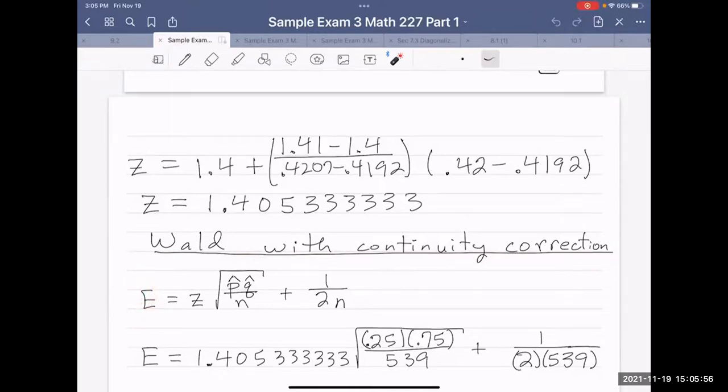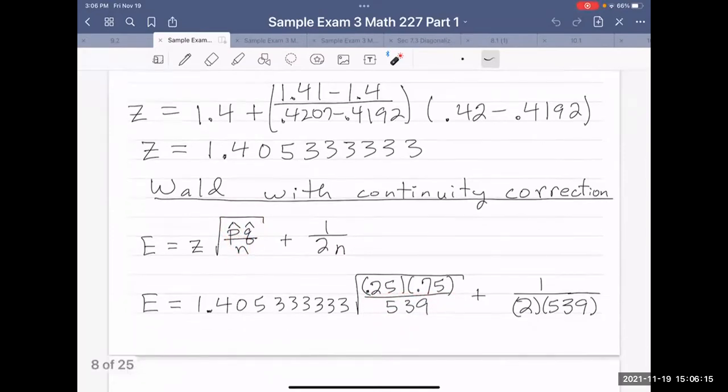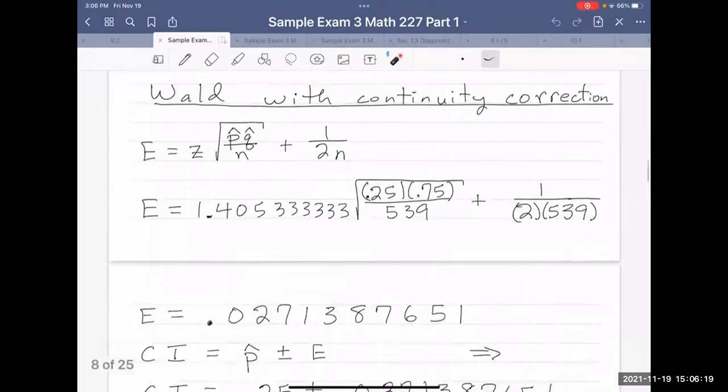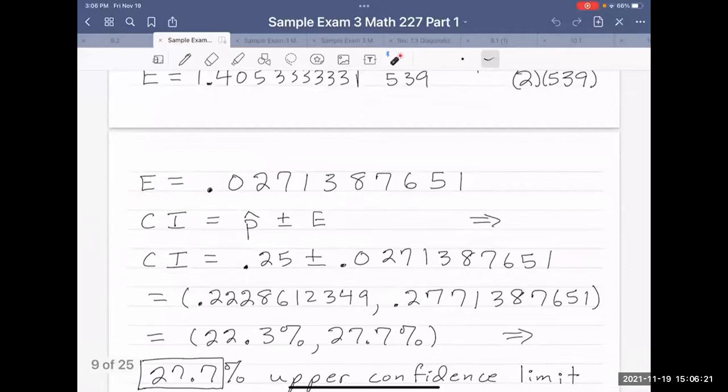So for the Wald estimate with continuity correction, my error is just the z, 1.40533, times the square root of p, 0.25, q, 0.75 over n, 539, plus 1 over 2 times n, 539. And so you get that the error is equal to 0.027138761.